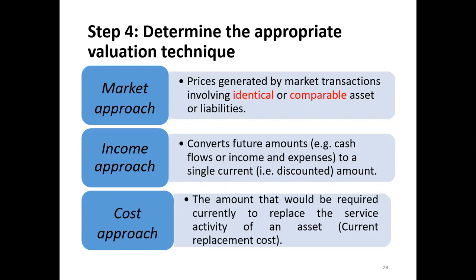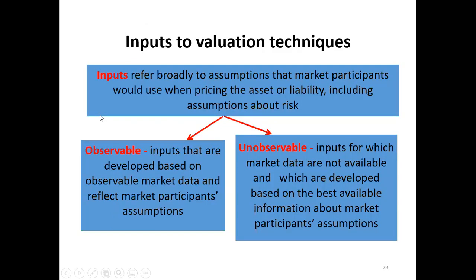And even for vehicles, you would find that in the market there's a particular price for a particular model and a particular year. Taking that price, you can make some adjustment considering the condition of your asset. But still, the price is observable in the market. And also the market interest rate is an observable one. So basically, under the market approach, whatever inputs you have, we call them observable inputs.